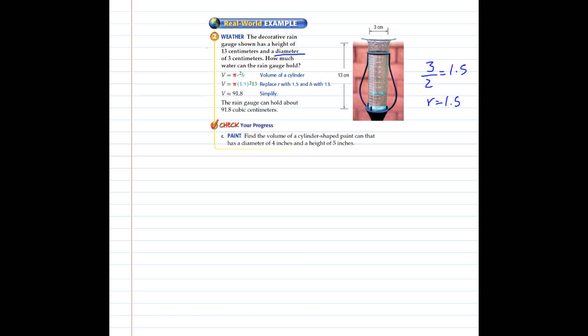Check your progress. Problem C. Find the volume of a cylinder-shaped paint can that has a diameter of 4 inches and a height of 5 inches. So if diameter equals 4, then 4 divided by 2 equals 2, which is my radius. Radius equals 2. So volume equals pi r squared times the height. Again, this is big B, or the area of the circle.